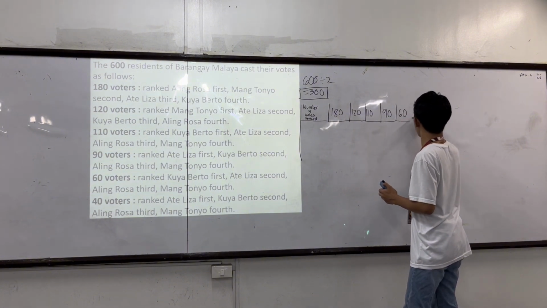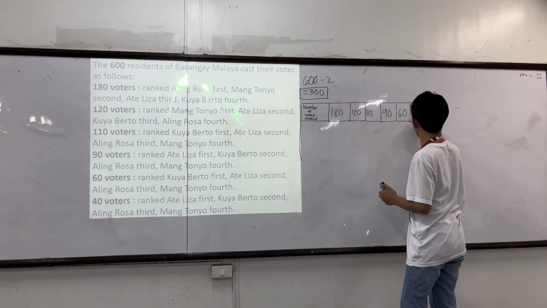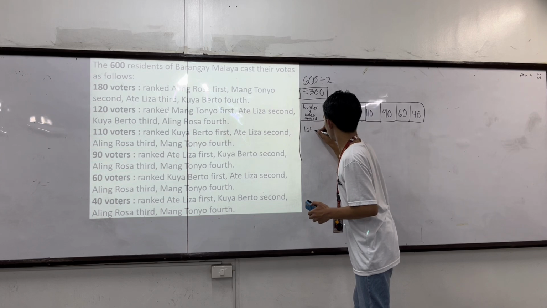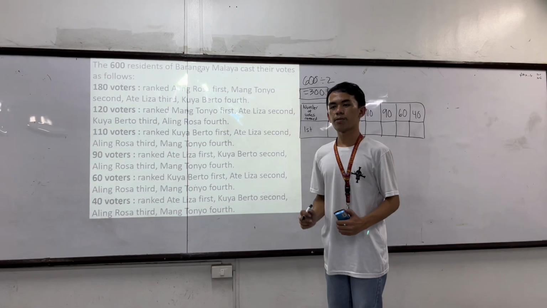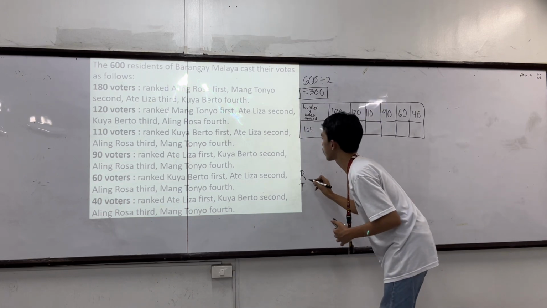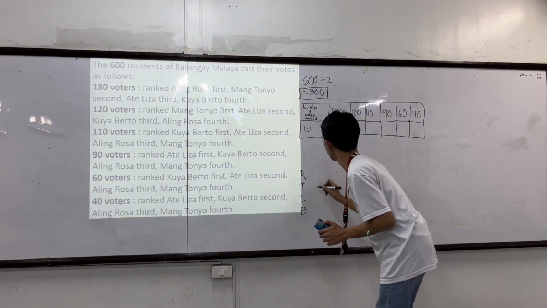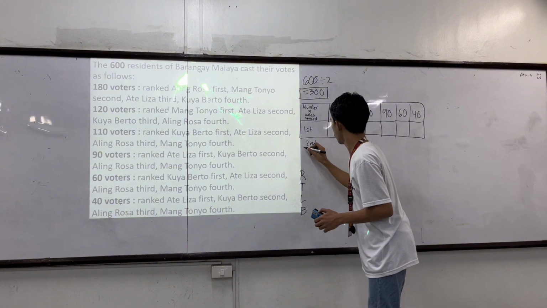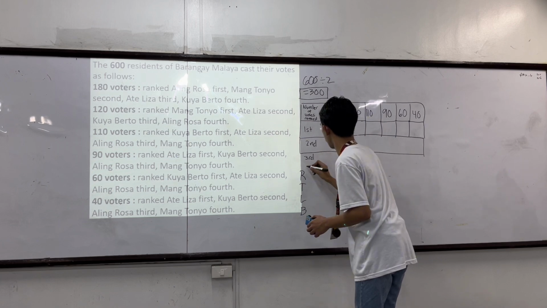And last, 40. First, we need to shorten their names: Aling Rosa for R, Mang Tonyo for P, Ate Liza for L, and Kuya Berto for B. So first, second, third, and fourth.